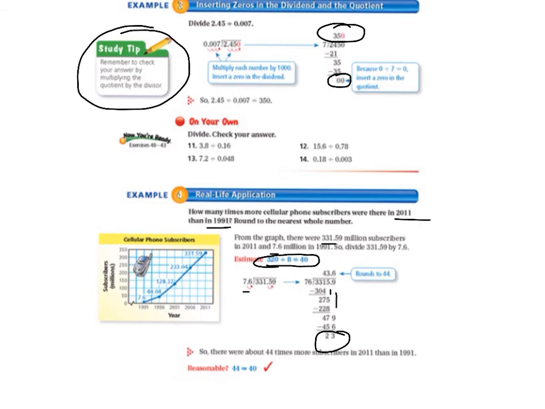And this time we don't need to keep adding zeros because in our directions it told us to round to the nearest whole number, so we can stop and we can round. And since 43 and 6/10 is closer to 44 than it is to 43, we know that we can round to 44. And we also know that our answer is reasonable by checking it against our estimate.